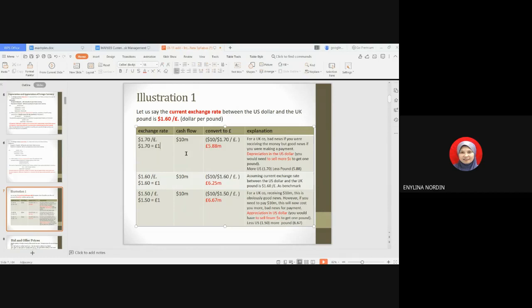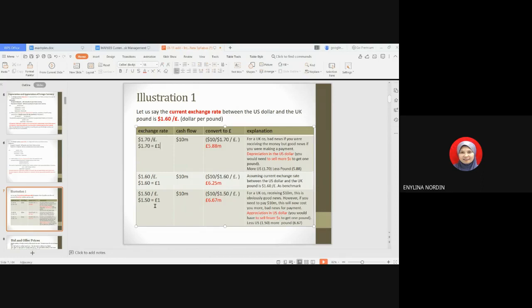So if you receive 10 million, you convert into pounds and you will get 5.88 million pounds. What if the rate now becomes 1.50 dollars equals 1 pound, from 1.60 to 1.5?